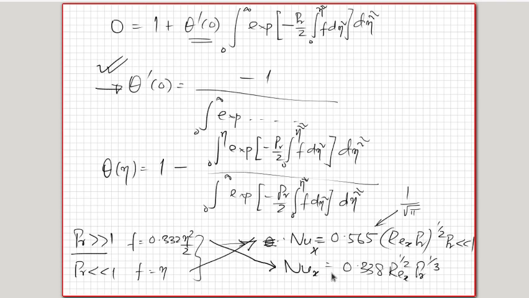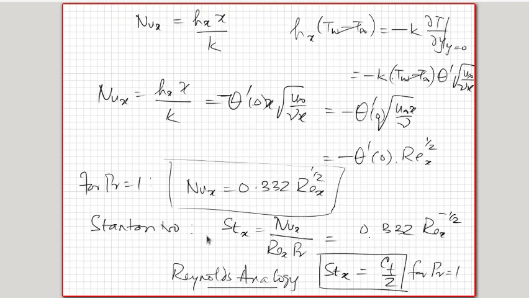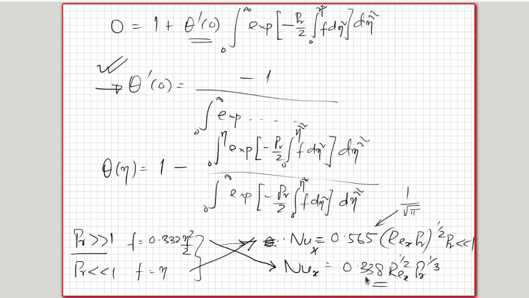And this 0.338 and the expression that you got for Reynolds analogy, which is 0.332, are not enormously different. So what we normally do is to write 0.332 here also, and say that when Prandtl number equal to 1, this also reduces. So this will be Prandtl number greater than and this will be Prandtl number much less than 1, this expression. So this is the expression that you would write for the Nusselt number.